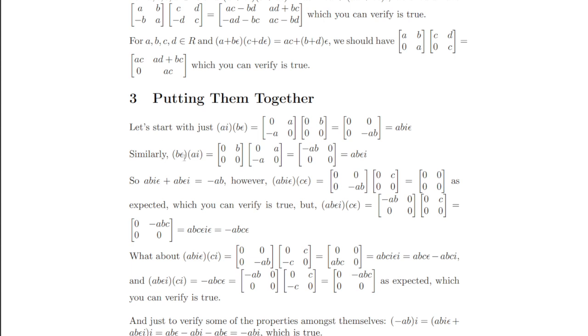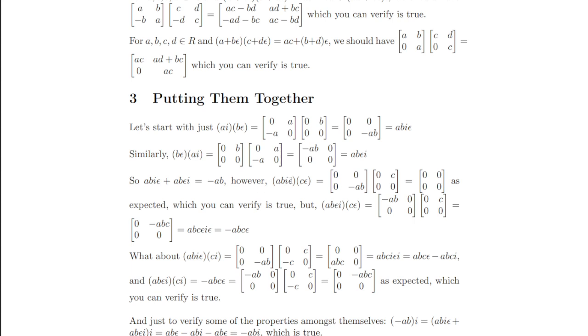Similarly, b epsilon times ai is -ab, 0, 0, 0, which we have as ab epsilon i. So we obviously see that these are not the same. So ab i epsilon plus ab epsilon i just equals -ab, which we can tell here by them adding up to the matrix for -ab.